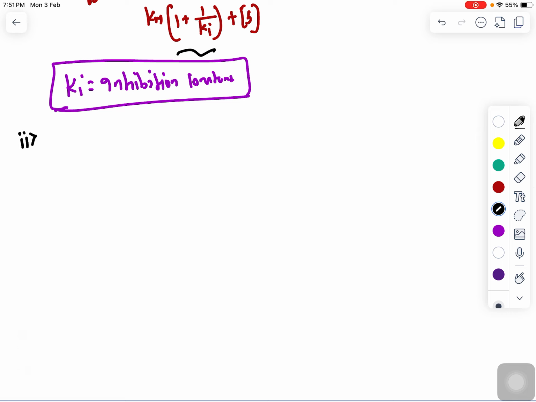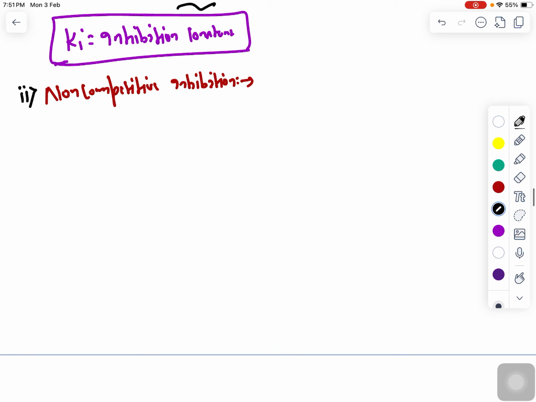Now the second thing I'm talking about here is non-competitive inhibition, right? Here you will see that the inhibitor binds to both the enzyme and the enzyme substrate complex.